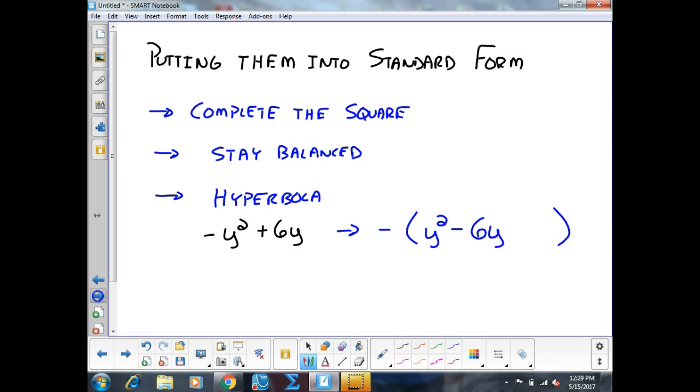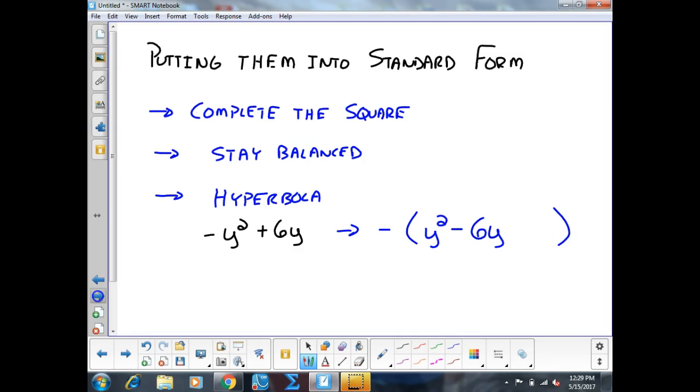You've got to make that change because you've got to factor out that negative sign because it's a hyperbola. So your b changes. It's happened 2 straight weeks now, and nobody's picked up on that. And I've said it a couple of times. You've got to factor out that negative sign in the hyperbola.